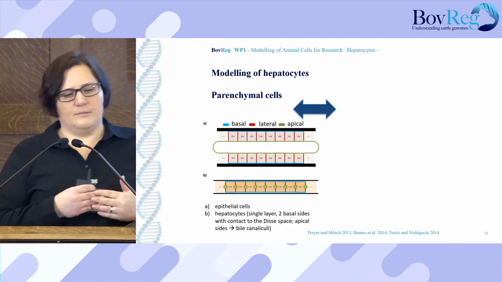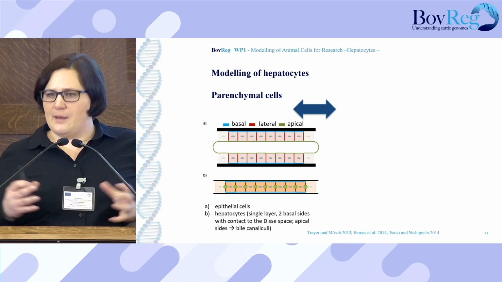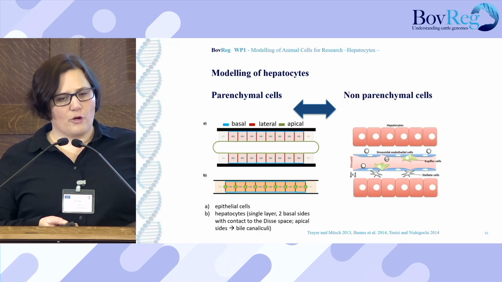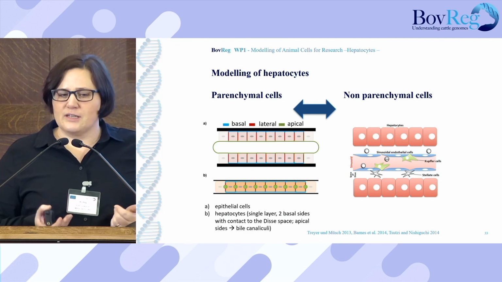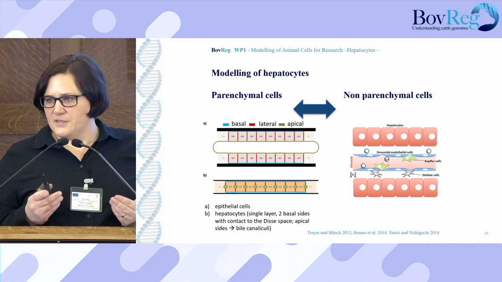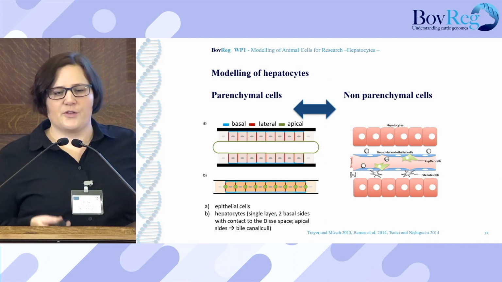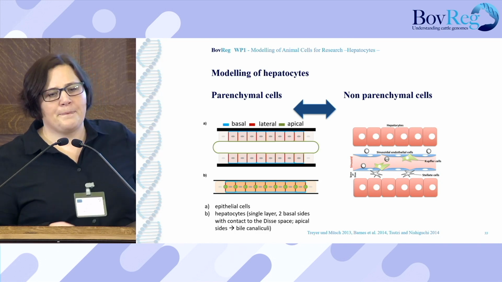They are lying in sheets in a single layer in the liver, and the apical sides form the bile canaliculi, so a very special forming here. The non-parenchymal cells are physiologically not in direct contact to the hepatocytes, but in between there is a distal space and the capillaries where the blood comes through. So this is important if we would like to model the cells, of course.